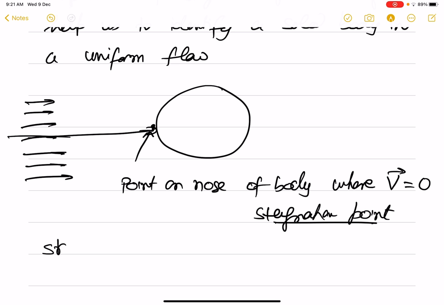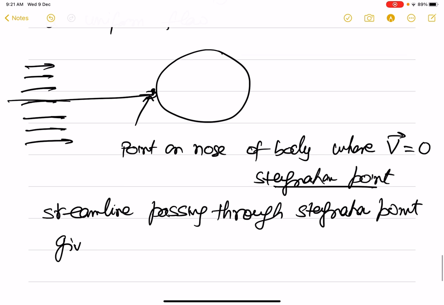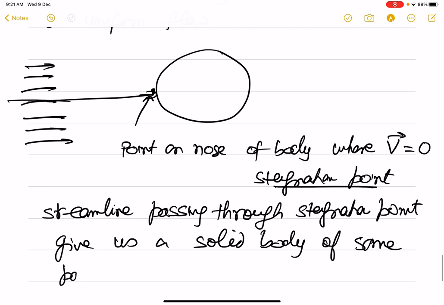And often what we find is that the streamline passing through the stagnation point will give us a solid body of some particular shape.